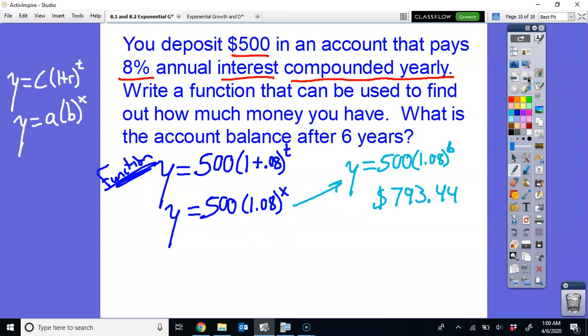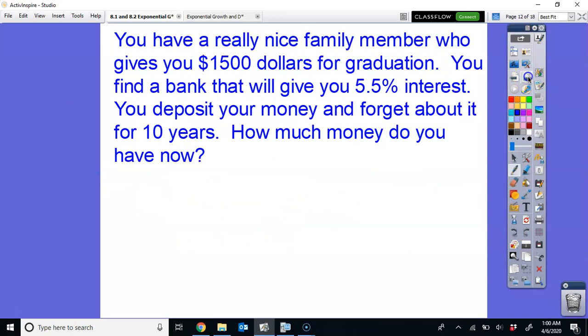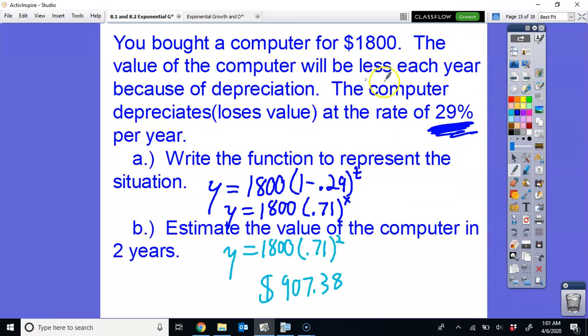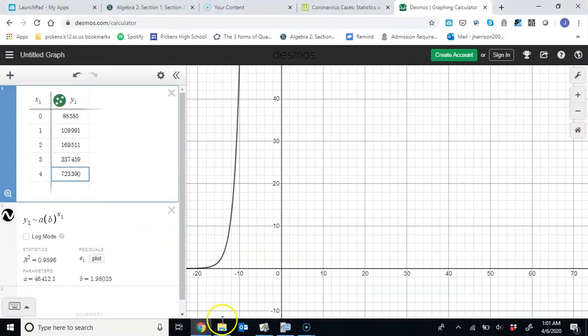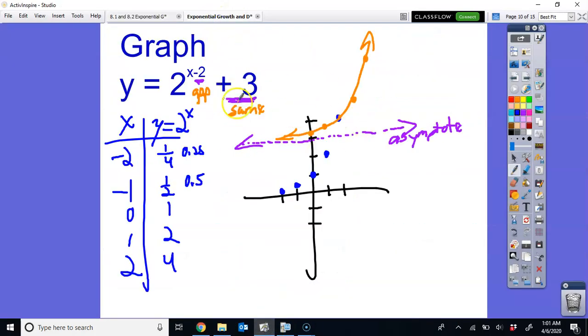You can use this for bank accounts. You can use this for values that are depreciating or going down. You can also use the calculator to help you find that equation, to find that approximation for the regression. And you can also find the graph using our techniques of graphing that we've done all year long by thinking of the basic parent function and moving it left and right and up and down.